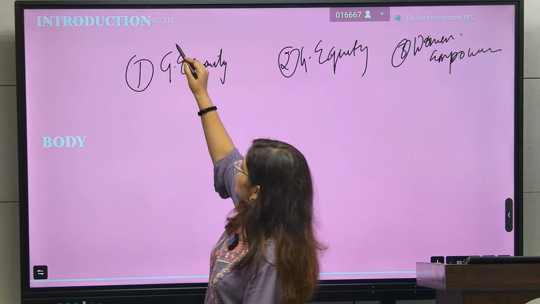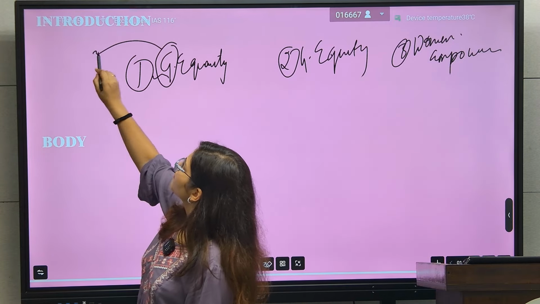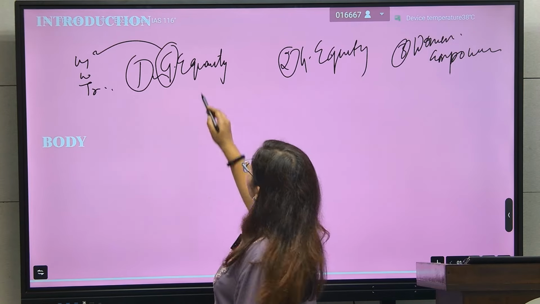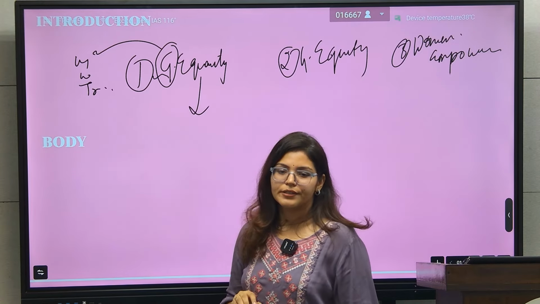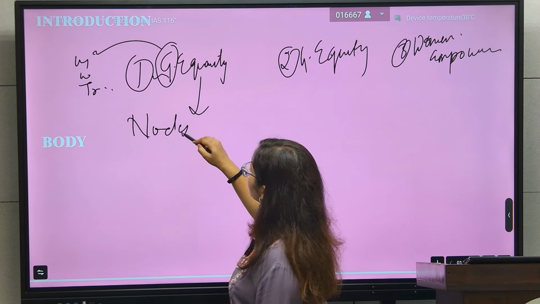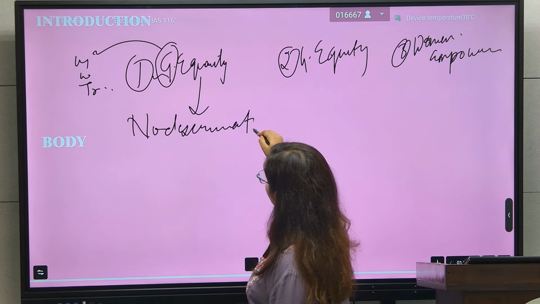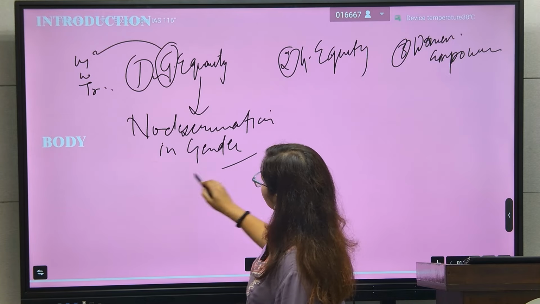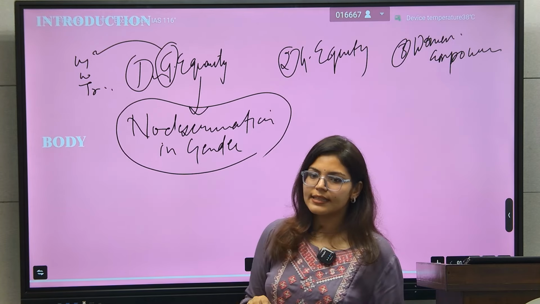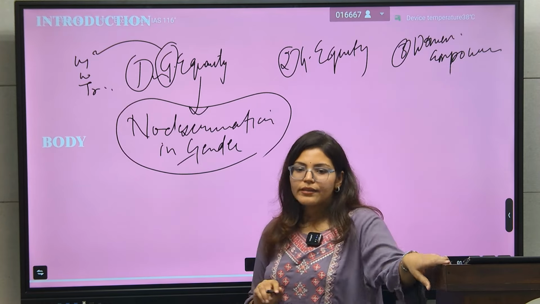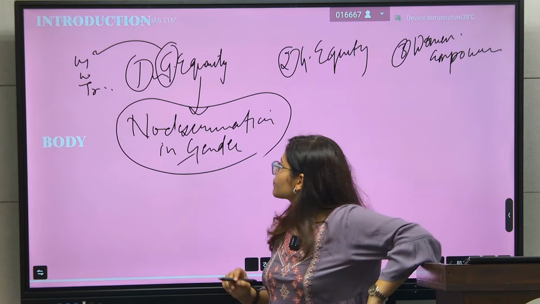Because in India, gender is not about man or woman only, it's also transgender. So what is gender equality for you? No discrimination in gender. So this is gender equality, that there should be no discrimination in genders, in man, woman and transgender.